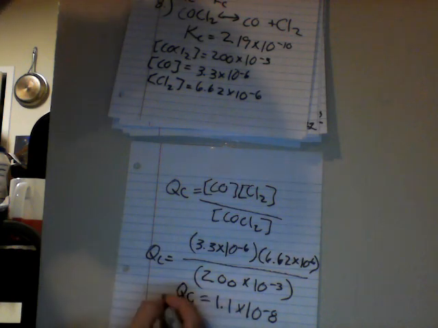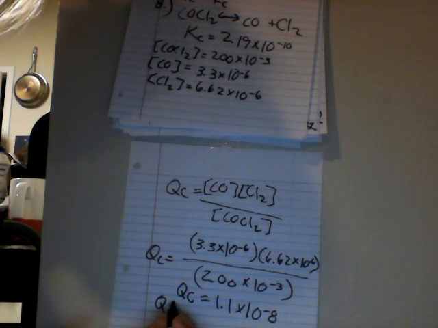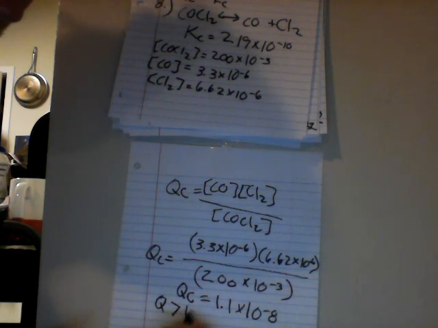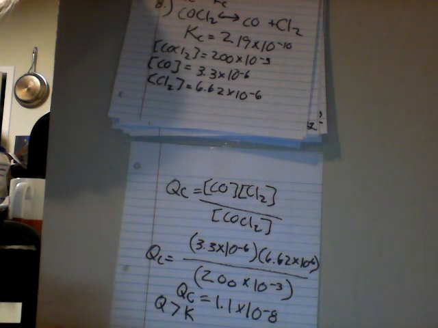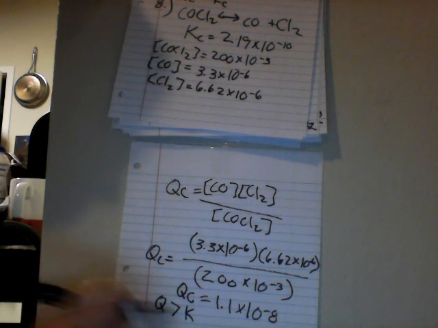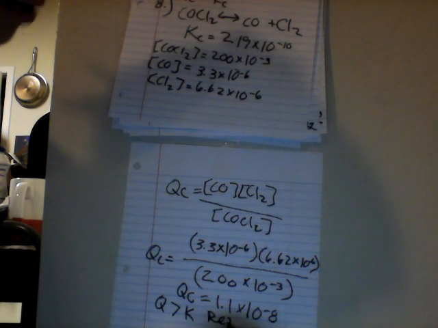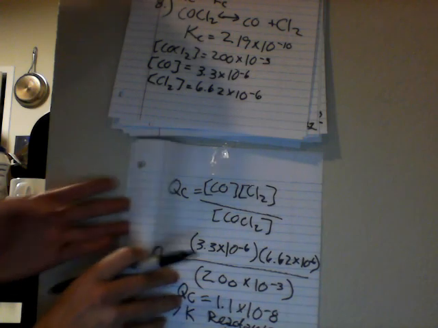So if Q is greater than K, then it's going to be the reverse of what I said previously, because the reverse was Q was less than K. If Q is greater than K, the reaction will proceed towards the left, so towards the reactants. You can say reactants or left.